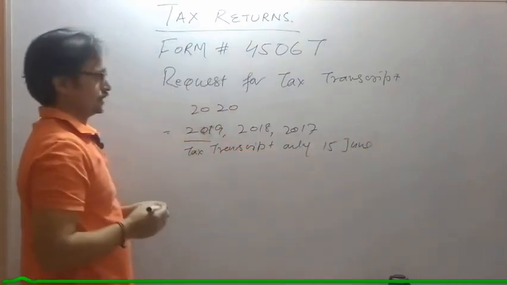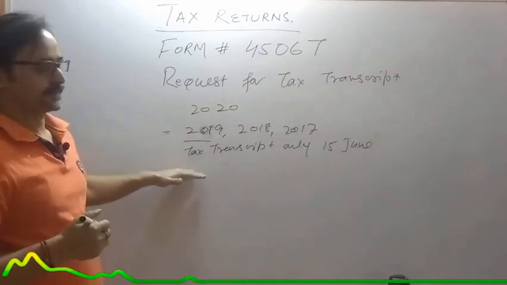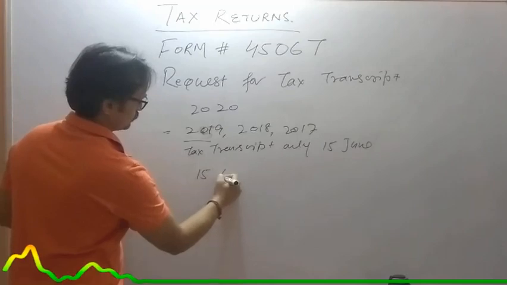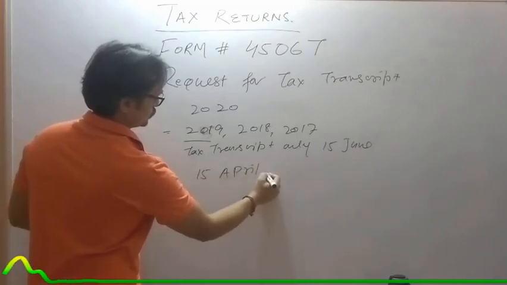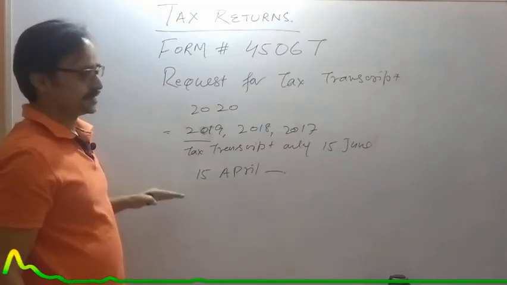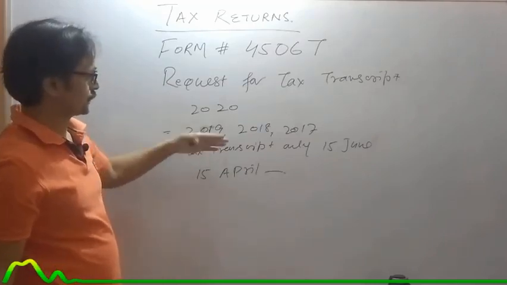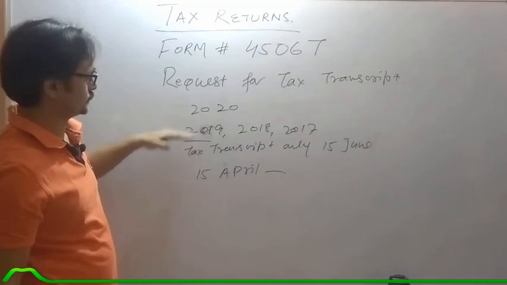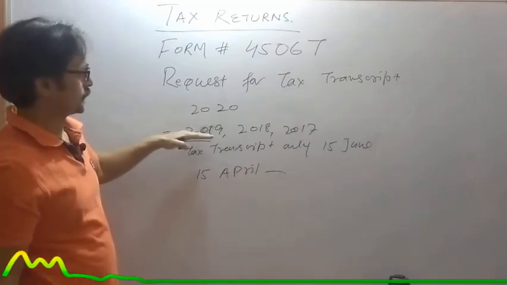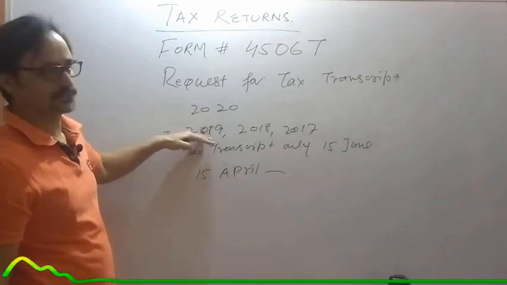Okay, so let's see what the different dates are. To file the tax return, 15th April is the most common date for any year. Before 15th April we cannot ask for the most recent year, like if it's 15th April 2020, before that we cannot ask for the tax return of 2019.